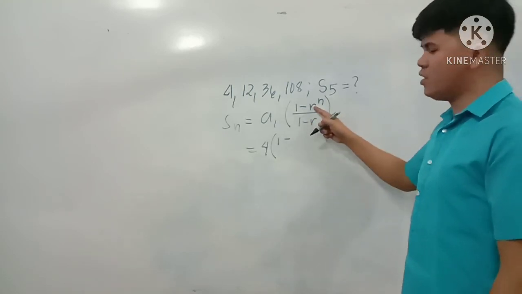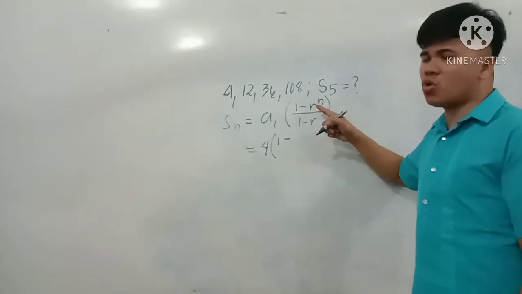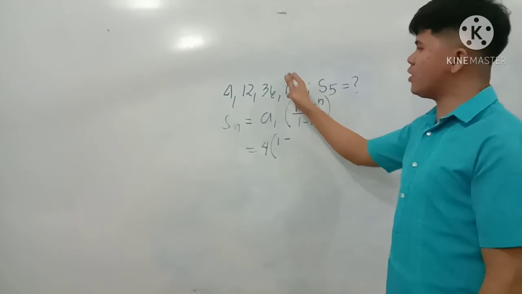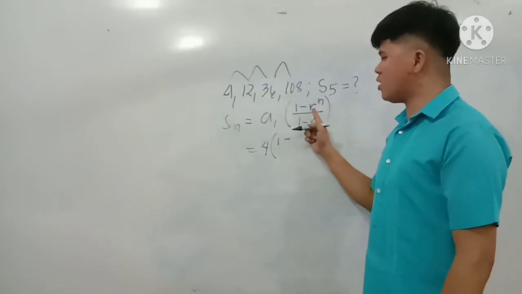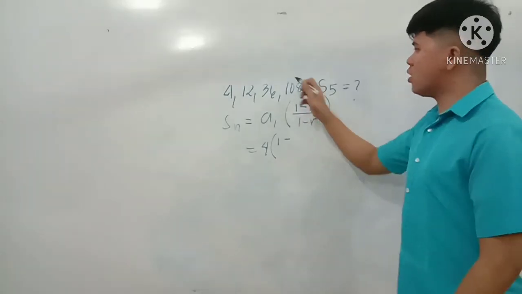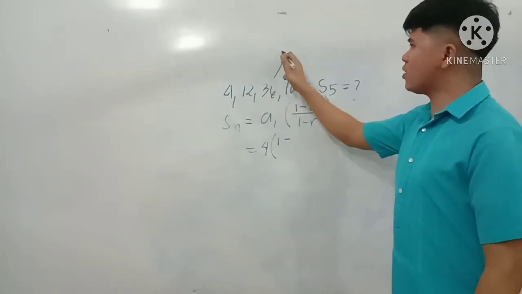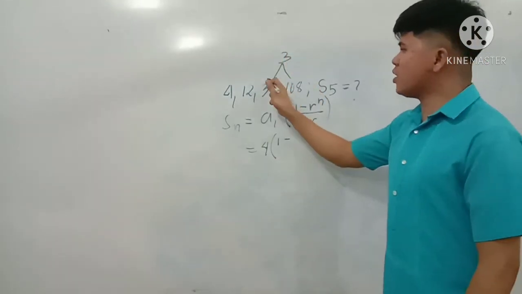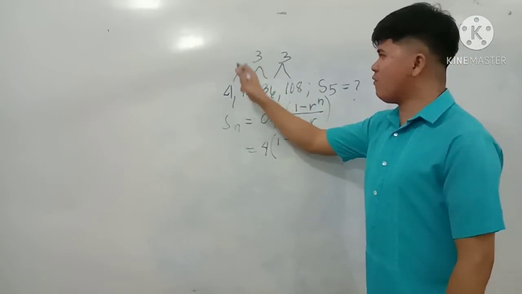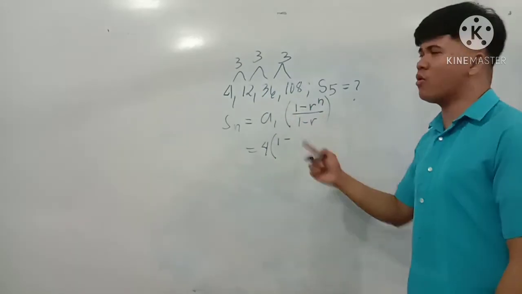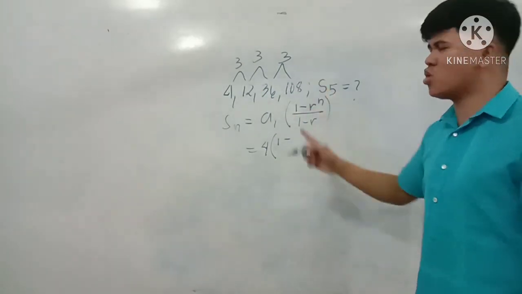Then our r is the common ratio, so we have to divide these given terms from last to first in order to obtain the common ratio. So 108 divided by 36 will give us 3, 36 divided by 12 will also give us 3, and 12 divided by 4 will also give us 3. So therefore, our r or the common ratio is 3.